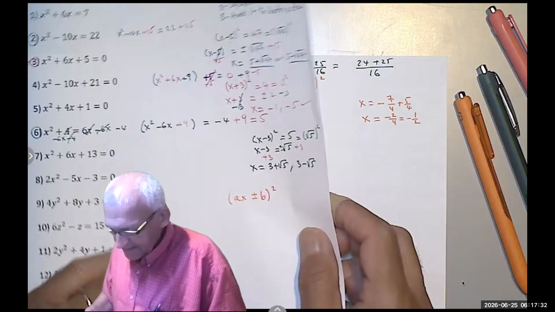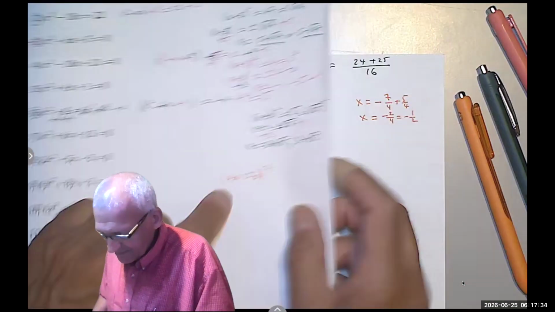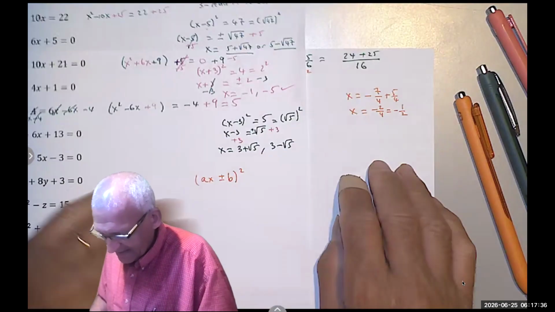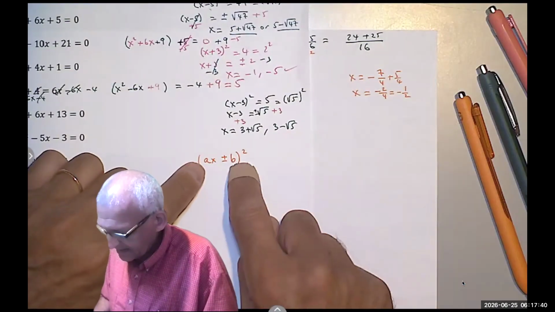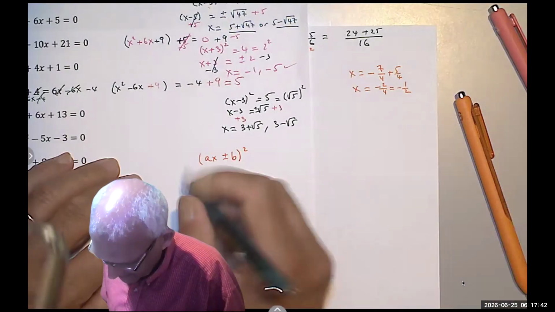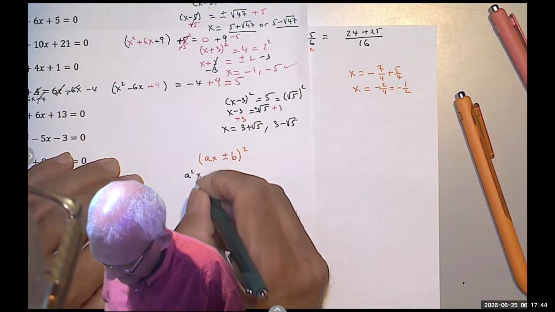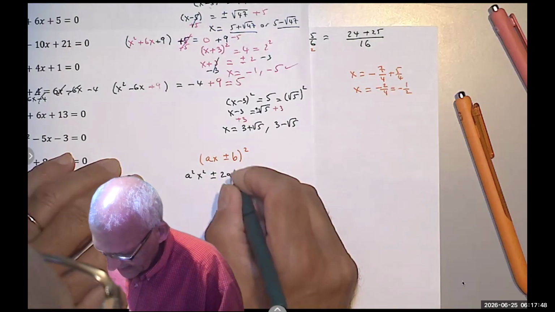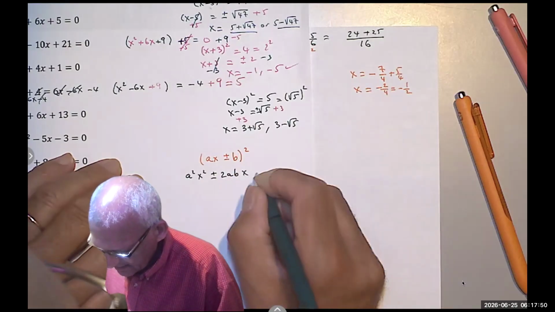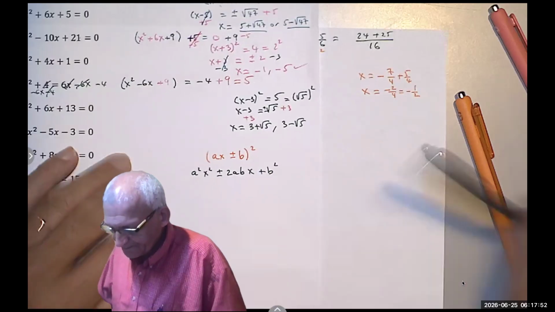Notice that if I don't have a 1 here, meaning if that's a constant and there's another constant and I square them, I will get a squared x squared plus or minus twice a b x plus b squared.